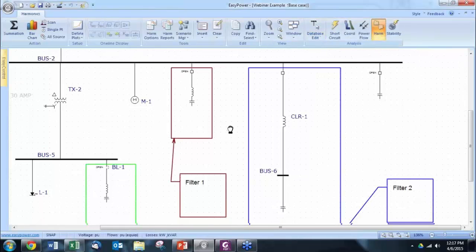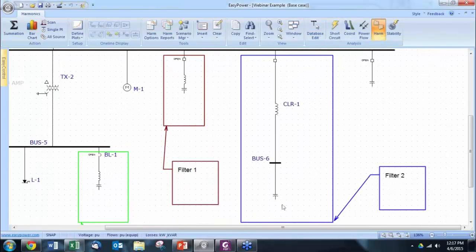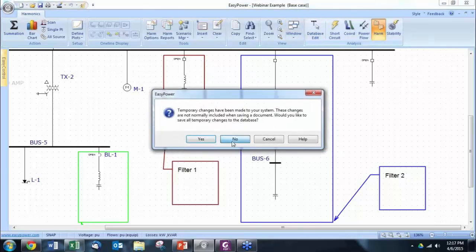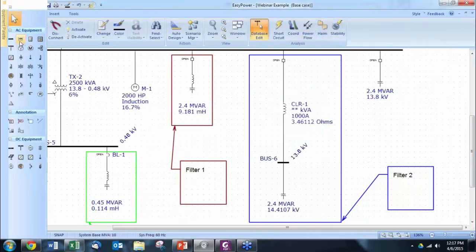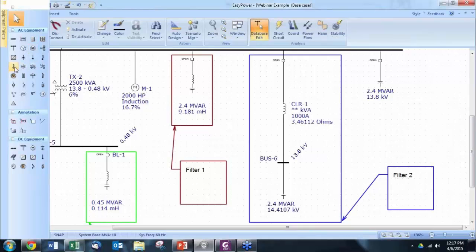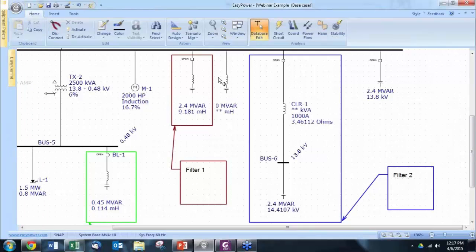Now, you can construct a filter with a reactor and a capacitor, or you can construct the filter using the integrated filter feature used in EasyPower, which is this one. You just take the filter and place it, and then you specify the filter. What do you need to specify for a filter?